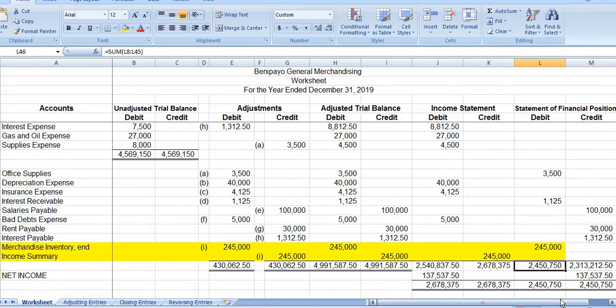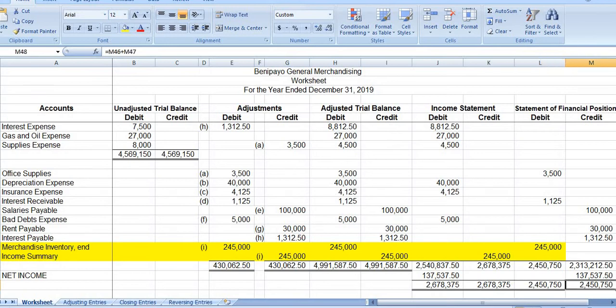Then add 2,450,750 plus 0 equals the same amount of 2,450,750. 2,313,212.50 plus 137,537.50 equals 2,450,750. Note again that these two figures must also be equal. And again, don't forget to double rule.